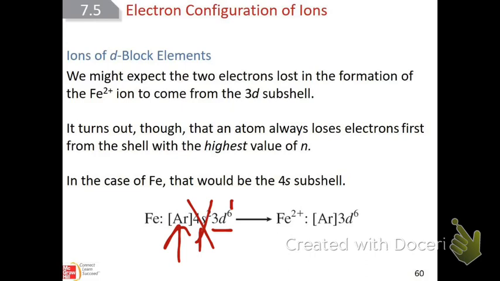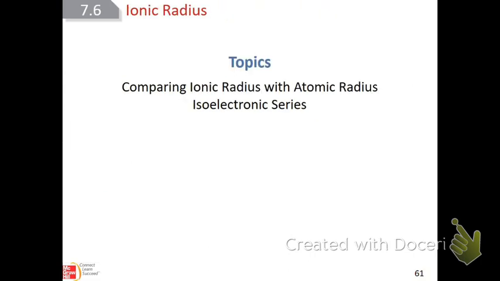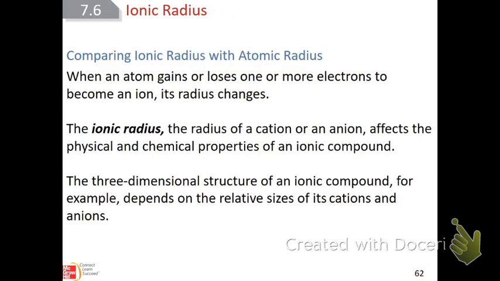It keeps the d's. So when you're writing your electron configuration, be careful about that. We won't do as many of those as we will the others, like the s's and the p's, because bless its heart, iron does not have a hope to be like a noble gas. Okay. And then we talked about these.